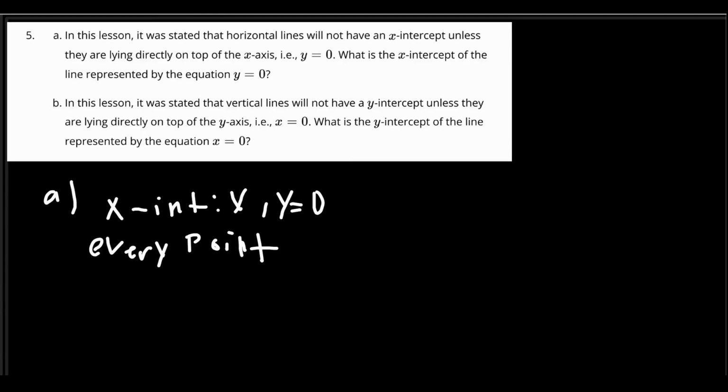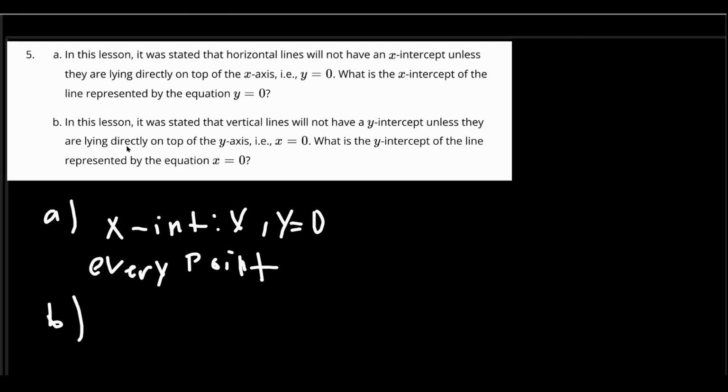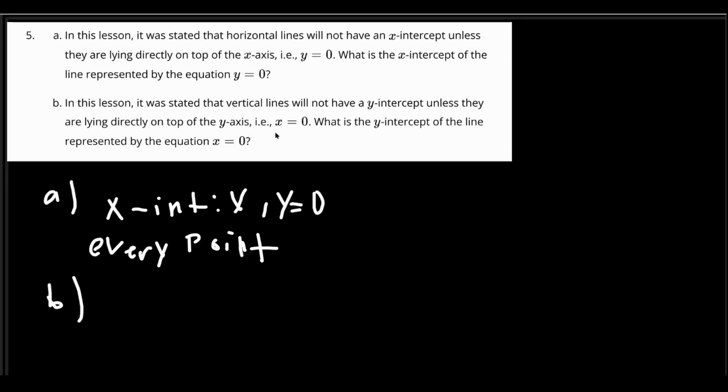Okay, so we can now move on to B, and it says in this lesson it was stated that vertical lines will not have a y-intercept unless they are lying directly on top of the y-axis, i.e. x equals 0. So what is the y-intercept of the line represented by the equation x equals 0?